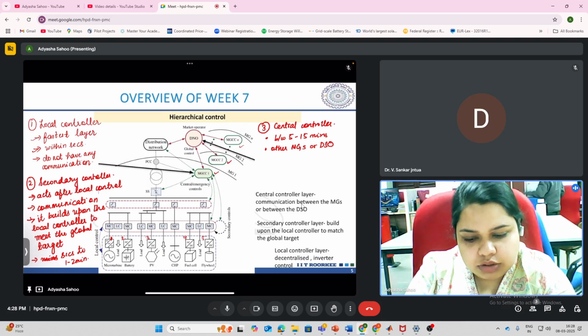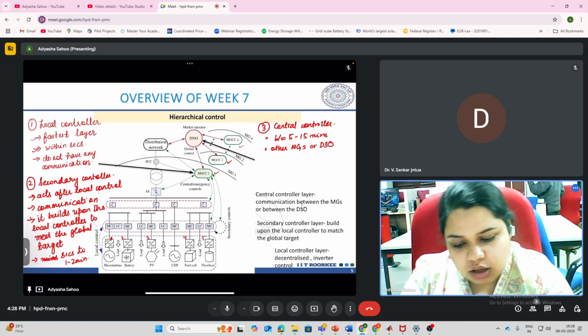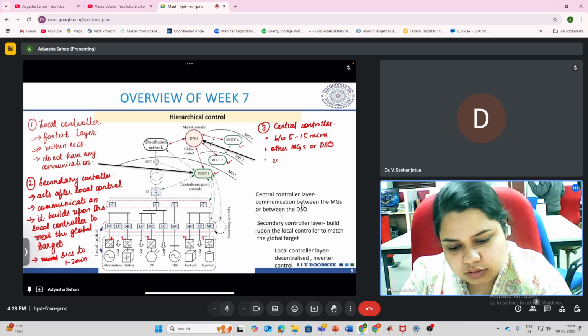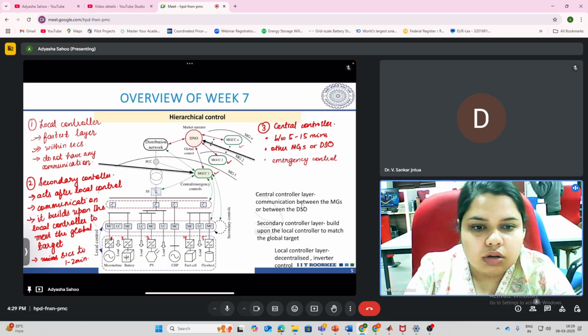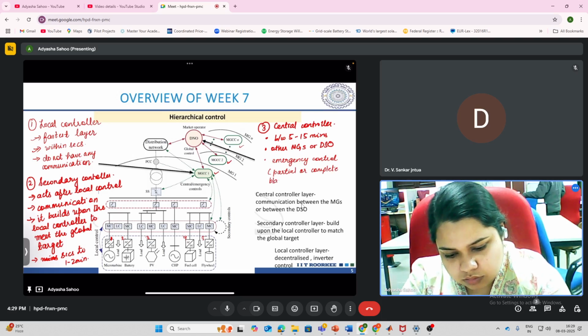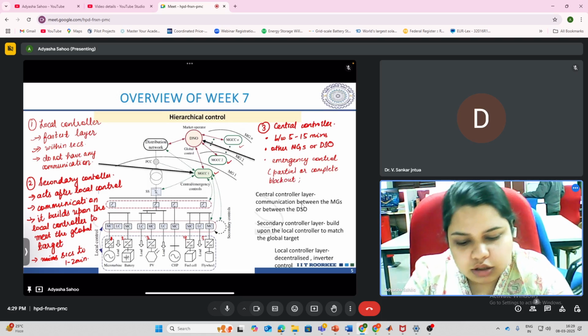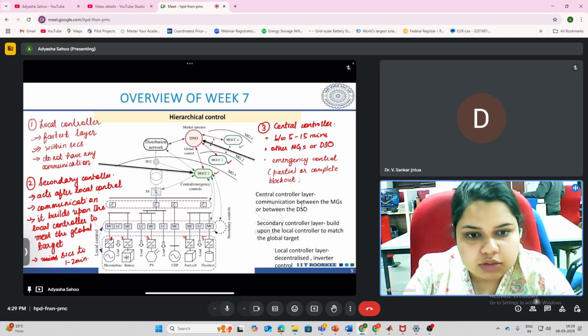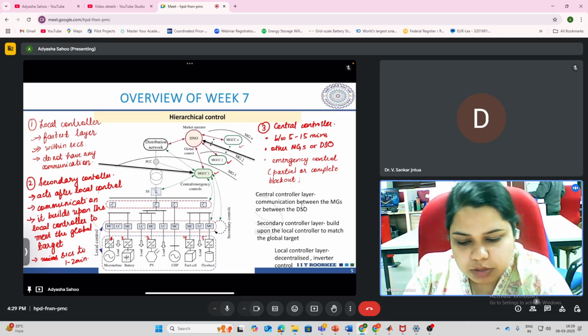Now, the other operation of the central controller is in case of emergency. In case of partial or complete blackouts, or distinguishing between the islanded and the grid connected modes of operation.